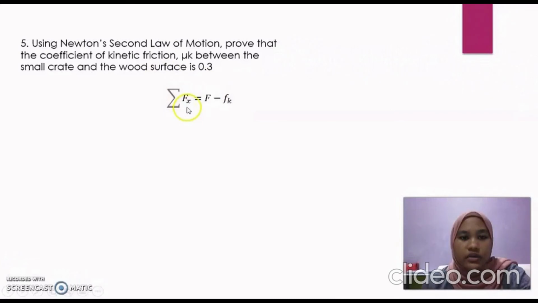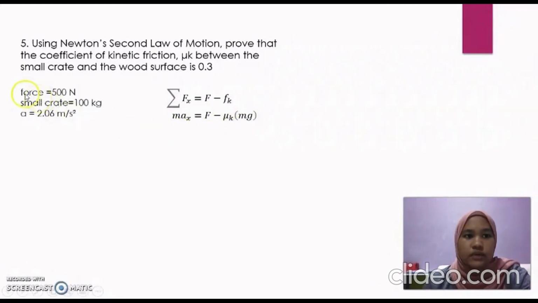We have force X equals F minus Fk, where F is force equals mass times acceleration equals force minus the kinetic force, which equals kinetic friction times mg, where m is mass and g is gravity.